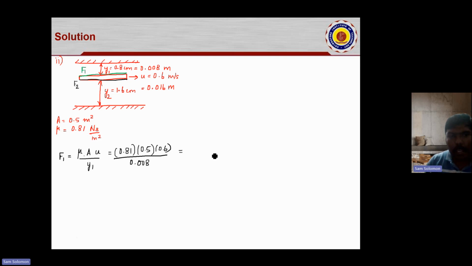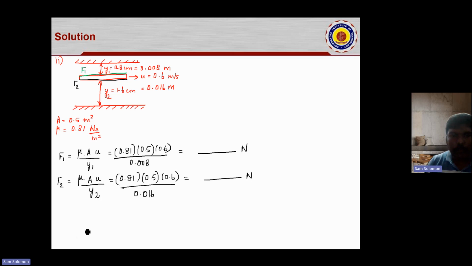That should give me a value in Newton. And F2 is again mu times A times U divided by y2. So that is 0.81 multiplied by 0.5 and 0.6 whole divided by 0.016. And so the final force is the summation of F1 and F2. So let's see what we get for that.